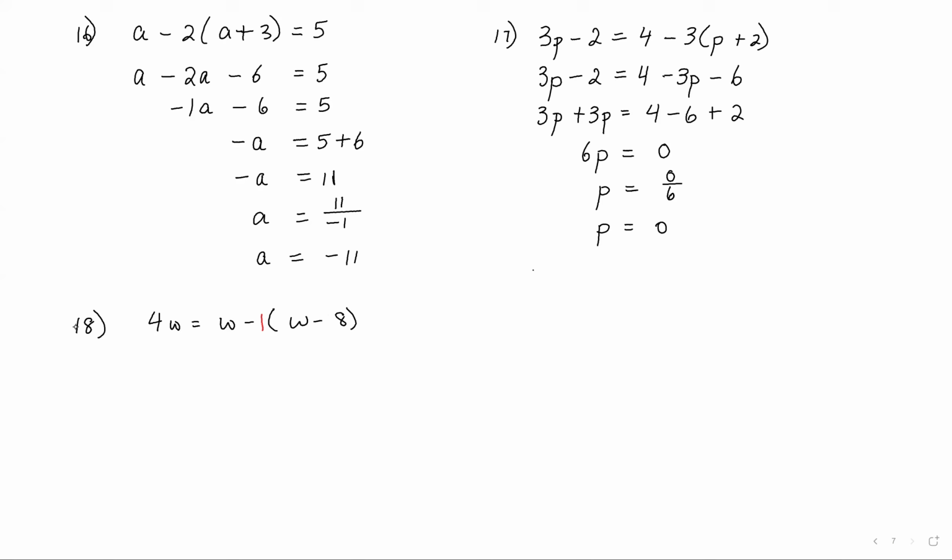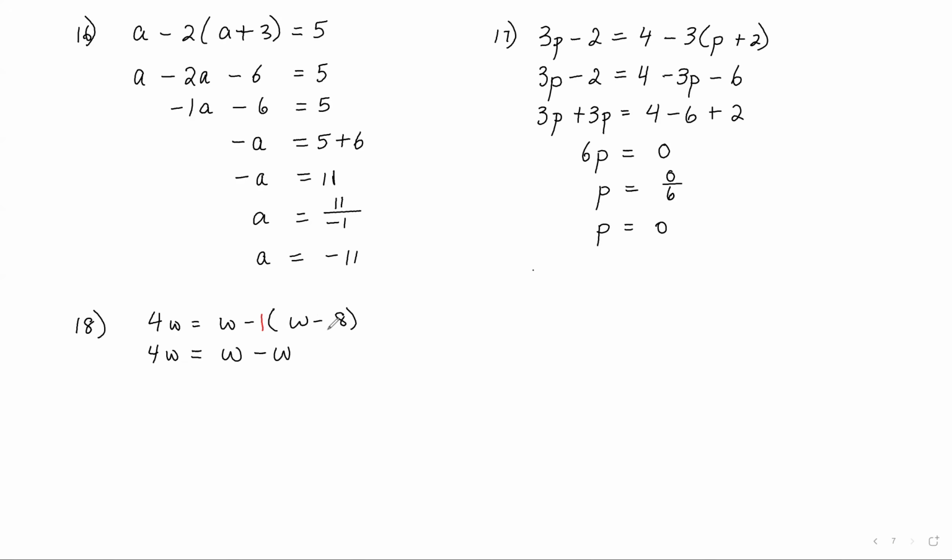Okay. All right, so let's go. Well, the left-hand side will remain the same. Okay, so let's simplify the right-hand side. It would just be W minus 8. Well, minus 1 by W is minus W. And then minus negative 1 times negative 8 will be what?